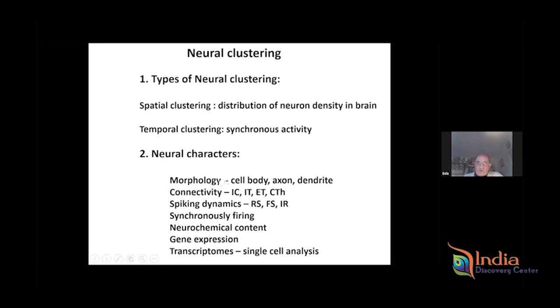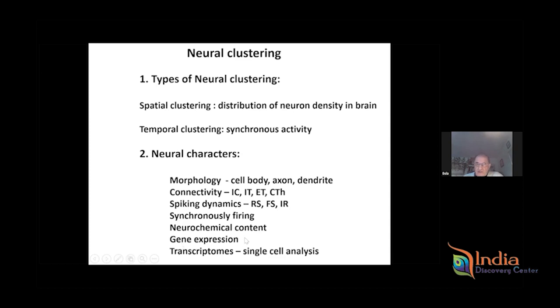So they research the neuronal morphology, the connectivity, the spiking, the functional dynamics, and neurochemical content, and gene expression.